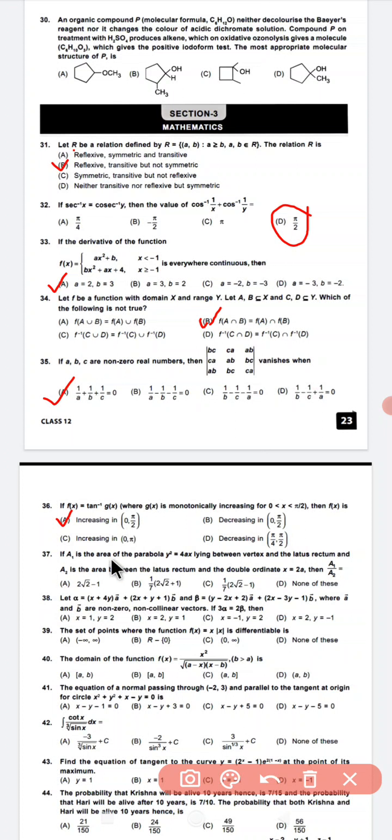If A1 is the area of the parabola y square equals 4ax lying between the vertex and the latus rectum, and if A2 is the area between the latus rectum and the double ordinate x equal to twice a, then A1 by A2 equals. These are the values.